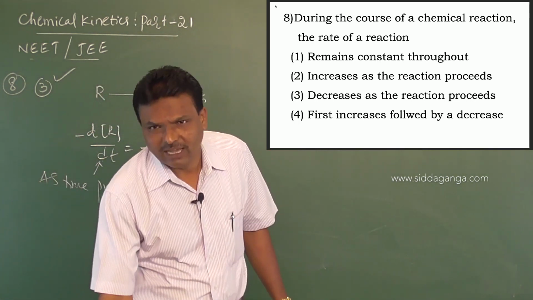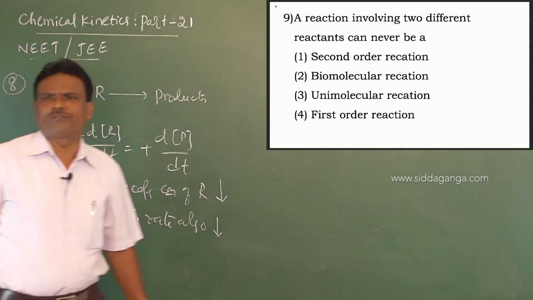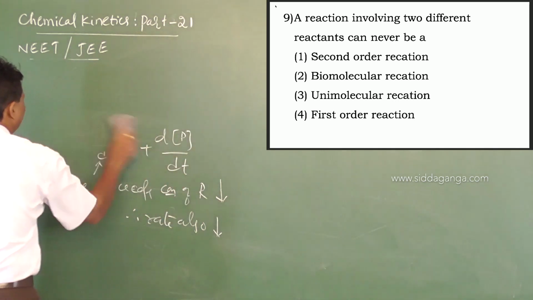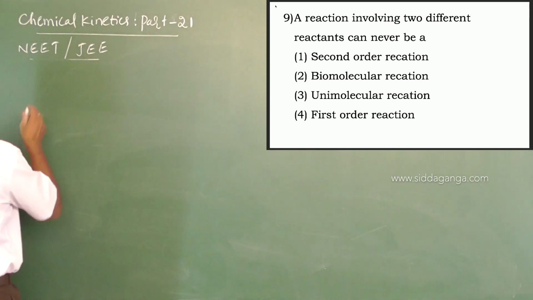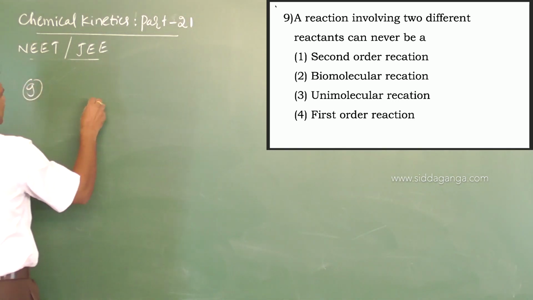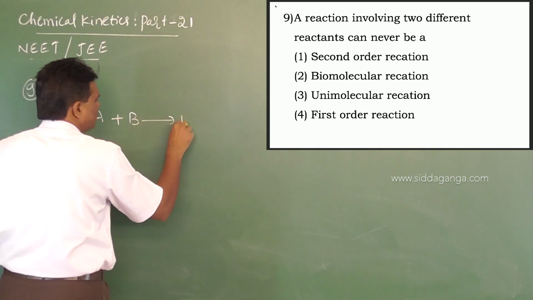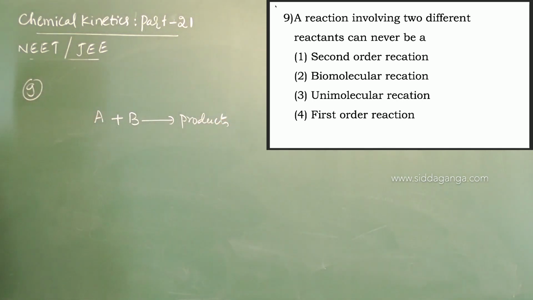Next, another question. A reaction involving two different reactants can never be. Look at the reaction. Let us consider a reaction taking two different reactants, say A and B, giving products. Is it clear?